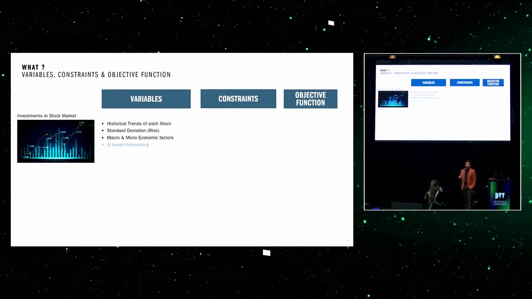So one of the most important kinds is your historical trends, historical data information of every stock. And then you also need to understand how volatile or how risky are these investment opportunities. And then you need to understand what are the macro and microeconomic factors that are going on in my globe.